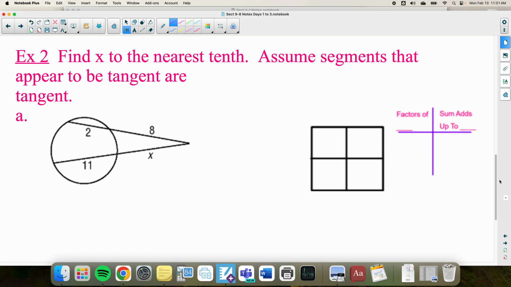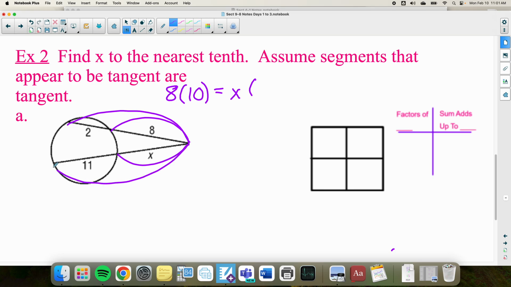So here's what we're going to do. We're going to take the external part of that secant, which is 8, and multiply that by the whole thing, which is 8 plus 2, which is 10. And then we're going to let that equal the external part here, which is x, times the whole thing.